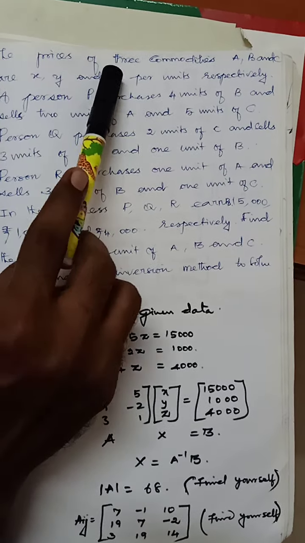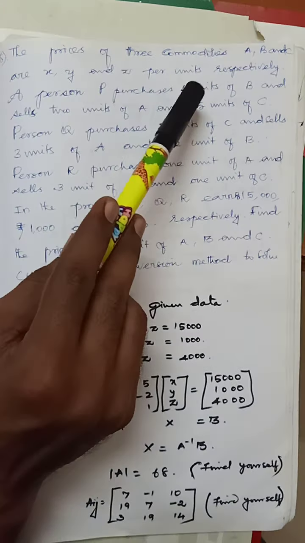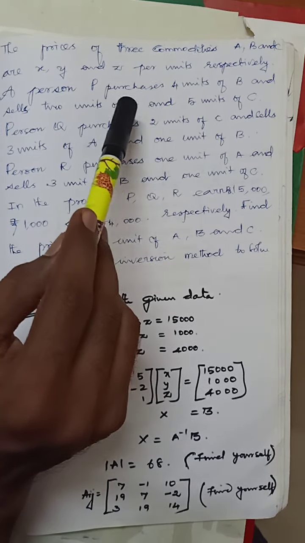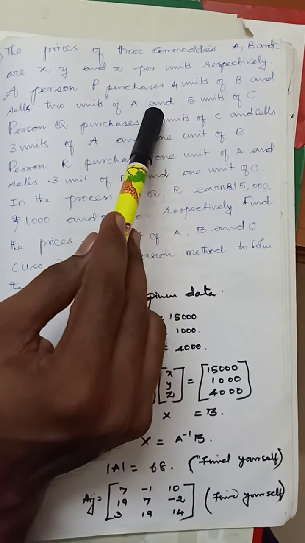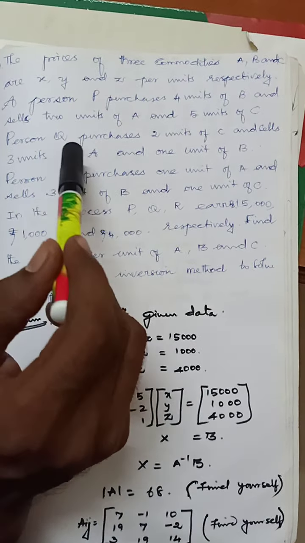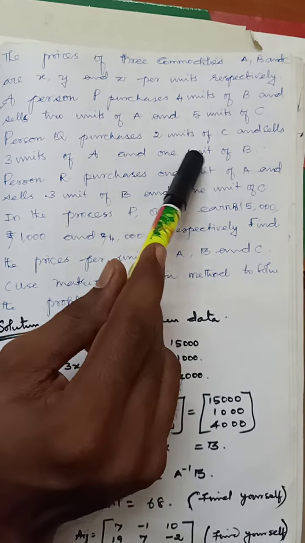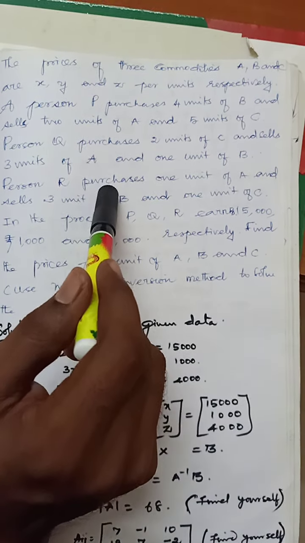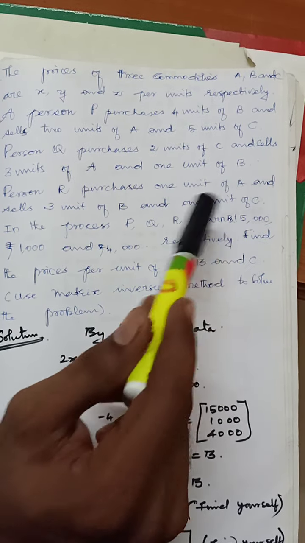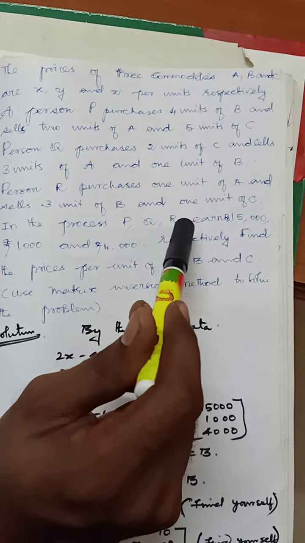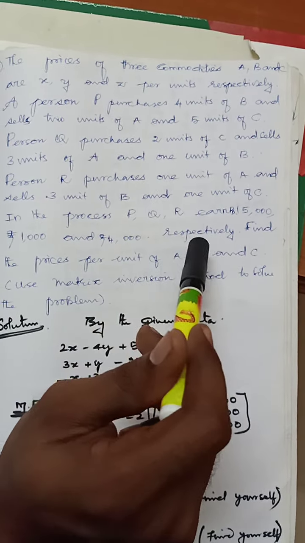Now question number 5. The prices of 3 commodities A, B and C are x, y and z per unit respectively. Person P purchases 4 units of B, and sells 2 units of A and 5 units of C. And person Q purchases 2 units of C and sells 3 units of A and 1 unit of B. Person R purchases 1 unit of A and sells 3 units of B and 1 unit of C. In the process, P, Q, R earn rupees 15,000, 1,000 and 4,000 respectively.